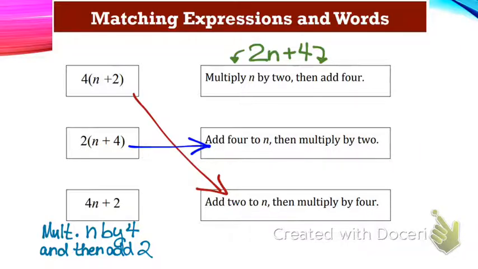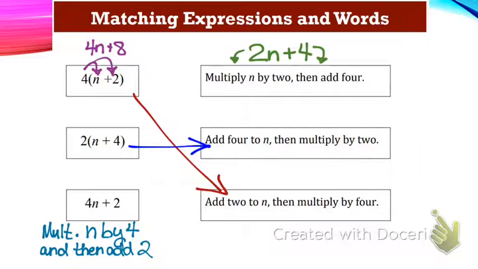Let me give you an example of another card that might go with this set of words. If it has the same result, then it would be equivalent. I want to match things that are equivalent. Is there something that you could choose to do to this? You could distribute. If I distribute this 4, what would that give me? 4n plus 8.